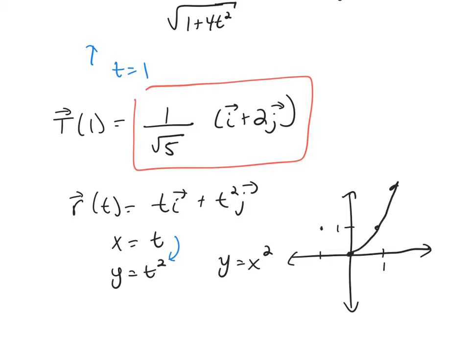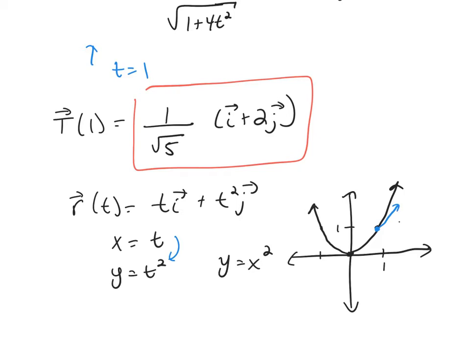Here, centered with the vertex at the origin there. And if t is 1, we're talking about this point right here, (1, 1). And if we draw our unit tangent vector here with this base, with this initial point here, the unit tangent vector will be right there.